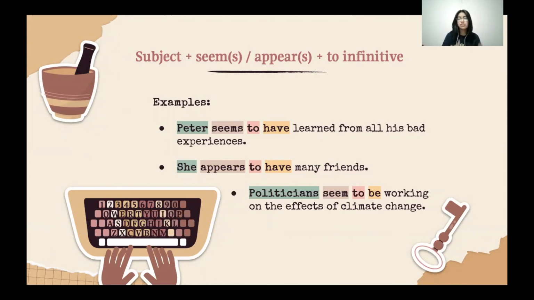Then she, as a subject, appears to have many friends. And then lastly, we have the politicians seem to be working on the effects of climate change. So seem or appear changes depending on the subject, as you can see in the politicians, that is only seem, and in she it is appears with the S.